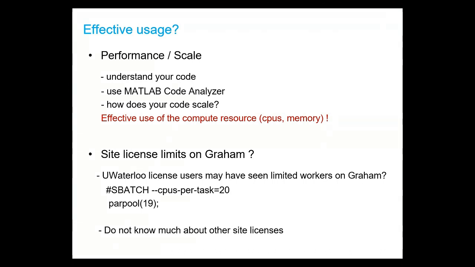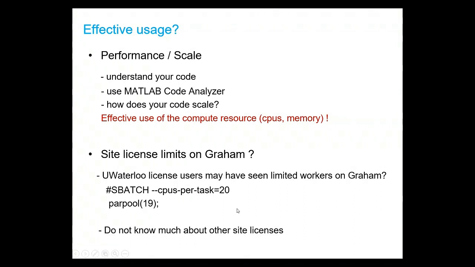I think now it increased to 30. So if you have more users from that site that use most or many of them, and you want to submit a bunch of jobs using PCT, you have a better chance that it will not work and will not give that many. MATLAB will not open the workers as you asked.